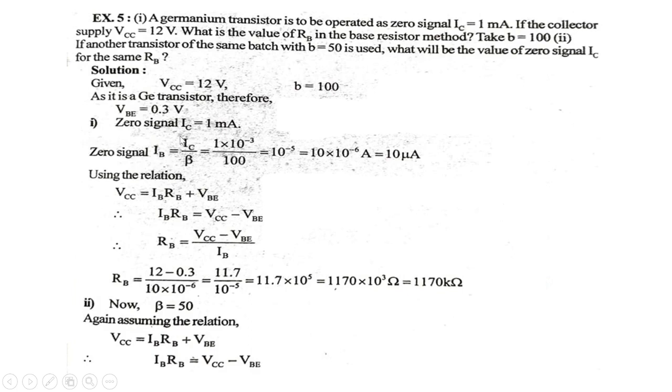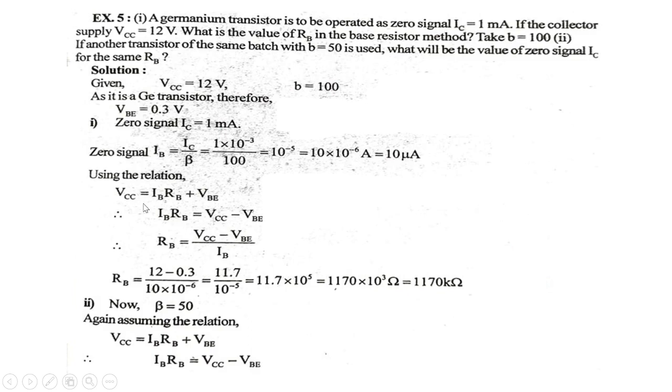Zero signal IB equal to IC upon beta, so that is equal to 1 into 10 raised to minus 3 upon 100, equal to 10 raised to minus 5, equal to 10 into 10 raised to minus 6 ampere, that is 10 microampere.